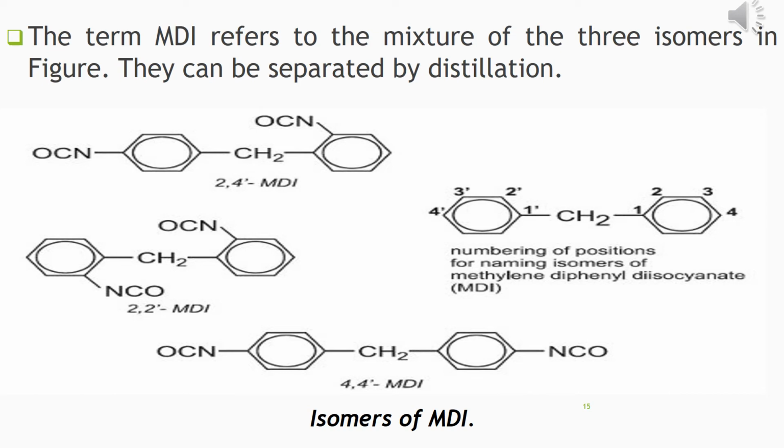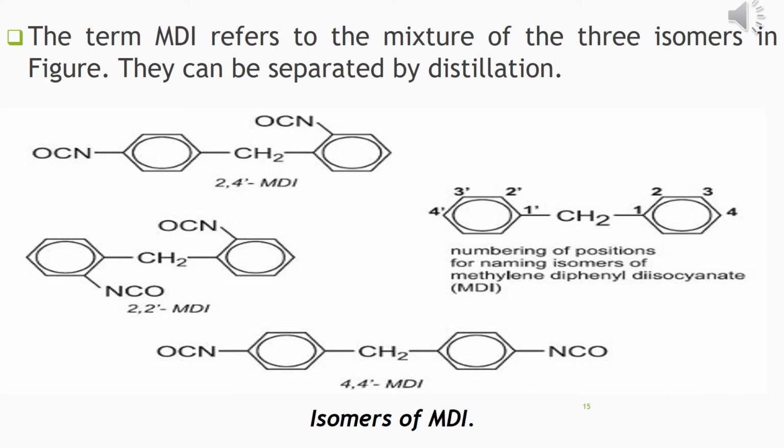And the third isomer is 4,4', that is, both isocyanates are present at the para position from the methylene linkage. Now the numbering of positions for naming isomers of methylene diphenyl diisocyanate is like that.